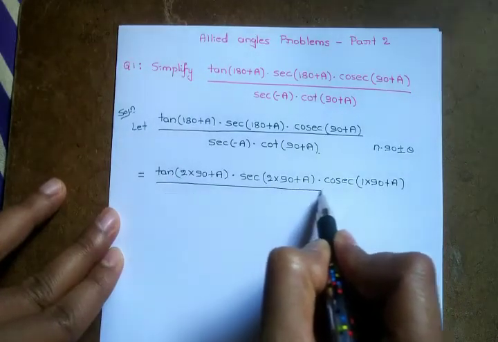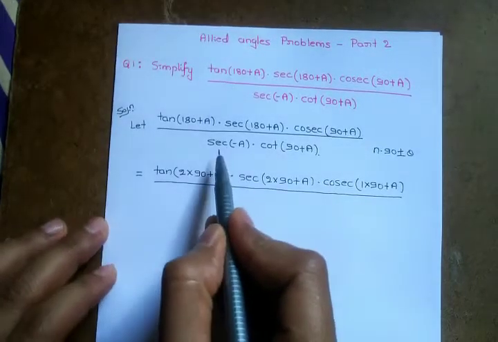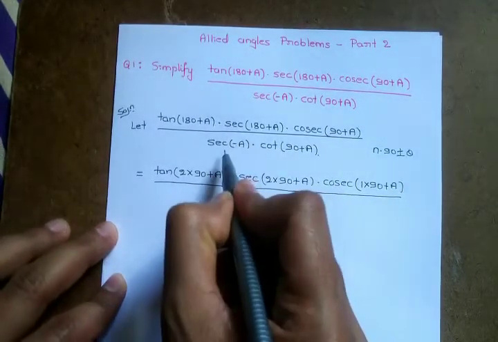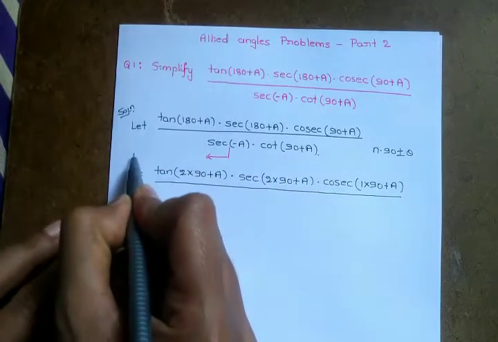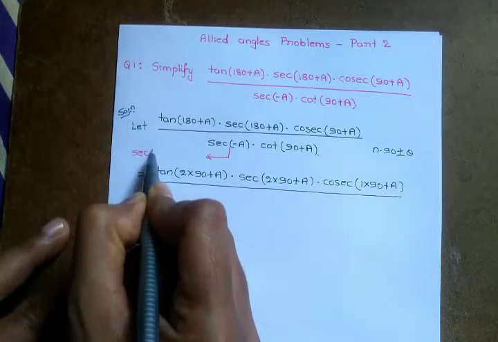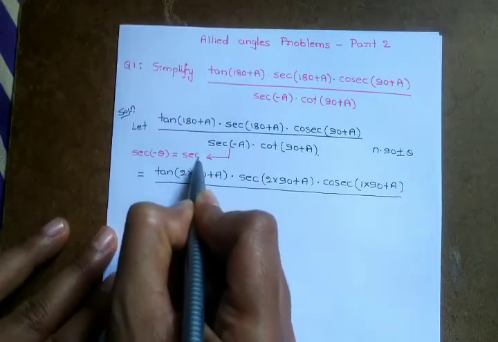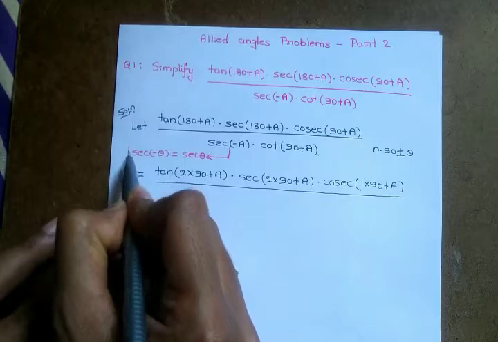divided by sec of minus a. You know the formula, correct? In the trigonometric ratios of minus theta, sec of minus theta is only sec theta. This formula we are going to apply.